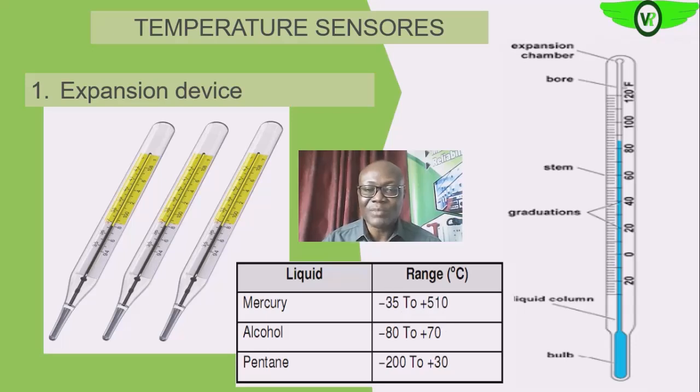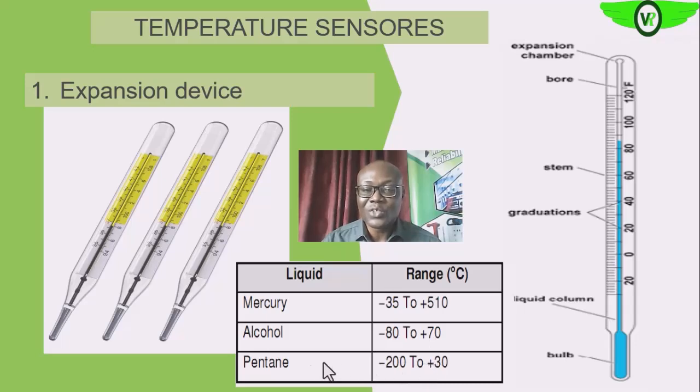If you look at the mercury, it is between 35 and 510. You can conveniently use it to measure temperature within that range. Then alcohol is -80 to +70, and pentane -200 to +30.